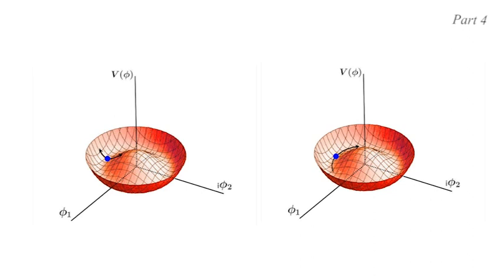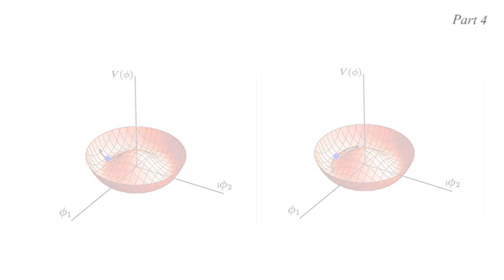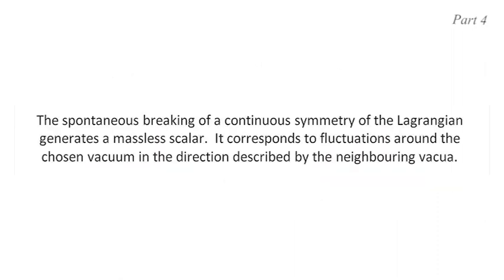And we can now state the Goldstone theorem for this complex field, which says, or one version says, the spontaneous breaking of a continuous symmetry of the Lagrangian generates a massless scalar. It corresponds to fluctuations around the chosen vacuum in the direction described by the neighbouring vacua.